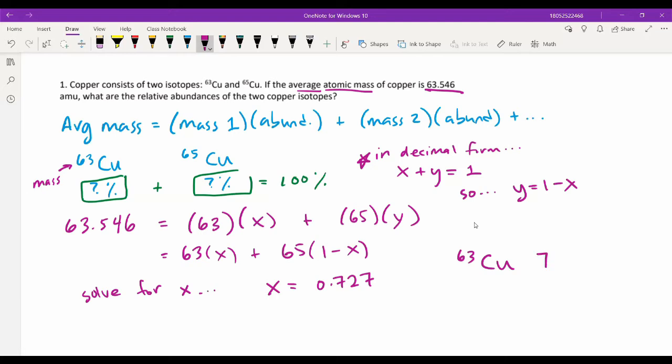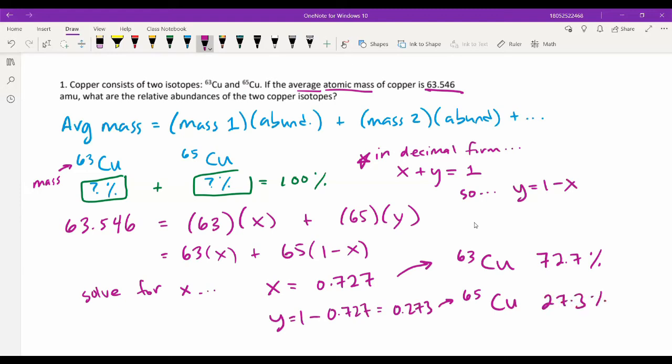So we're going to have about 73% or 72.7% of copper 63. Right? And then copper 65 is just going to be 1 minus that, which is 0.273, which will be 27.3%. And you can check that these add up to 100.